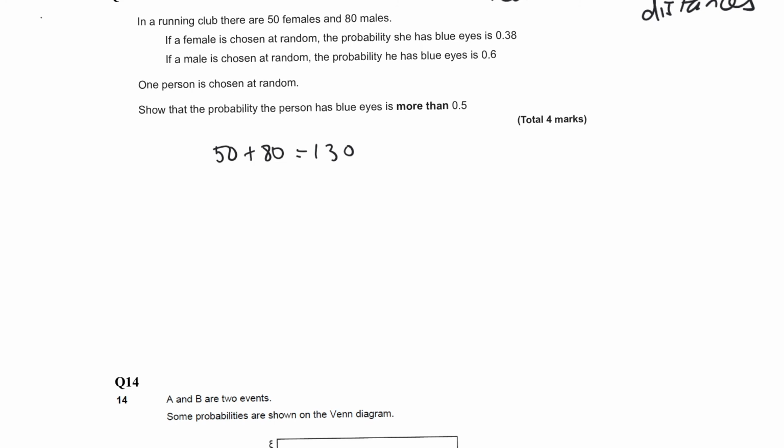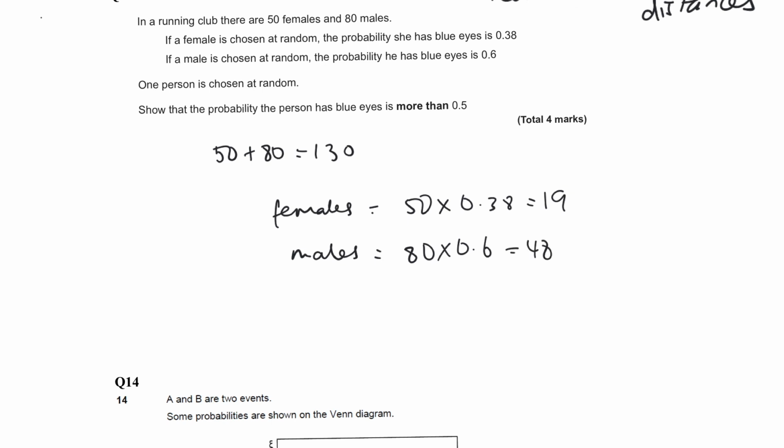So for the blue eyes, the amount of females with blue eyes would be the 50 females times 0.38, which would be 19. Then the amount of males with blue eyes would be 80 times 0.6, which would be 48. So 19 plus 48 would leave you with an answer of 67. And then now we have 67 people with blue eyes.